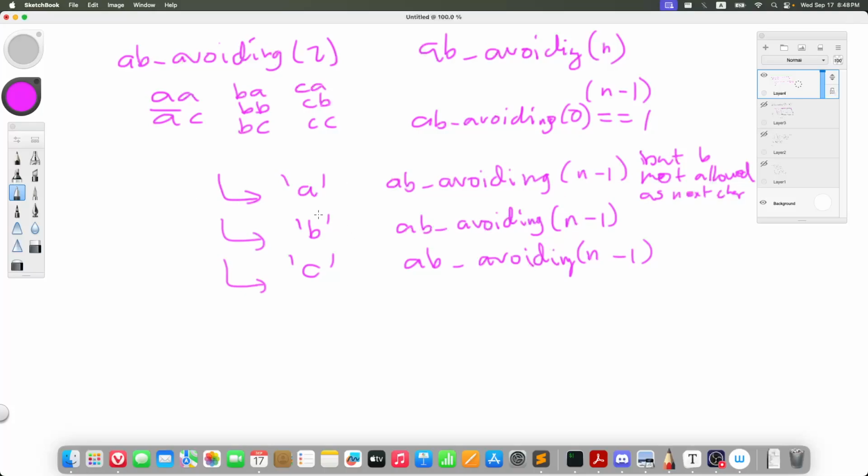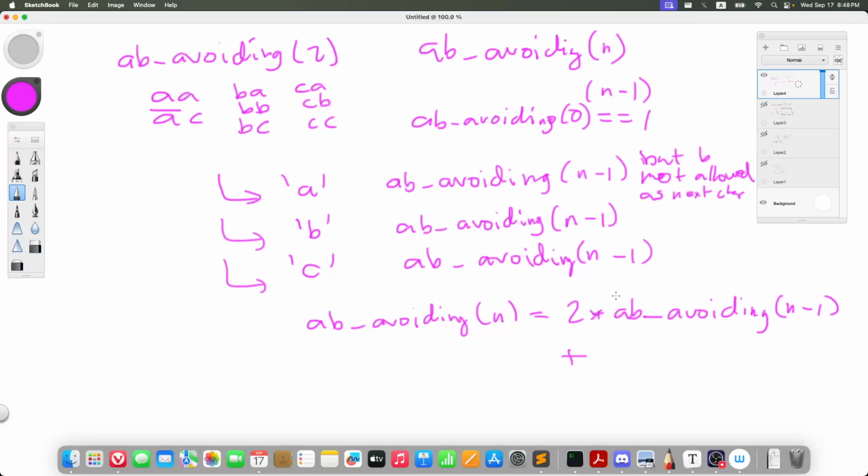So we have the following recurrence: AB avoiding n is equal to 2 instances of AB avoiding n minus 1. This corresponds to the choices B and C for the first character.